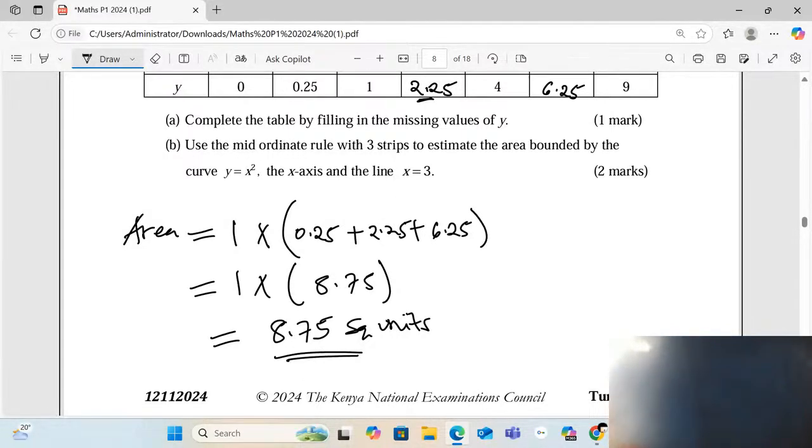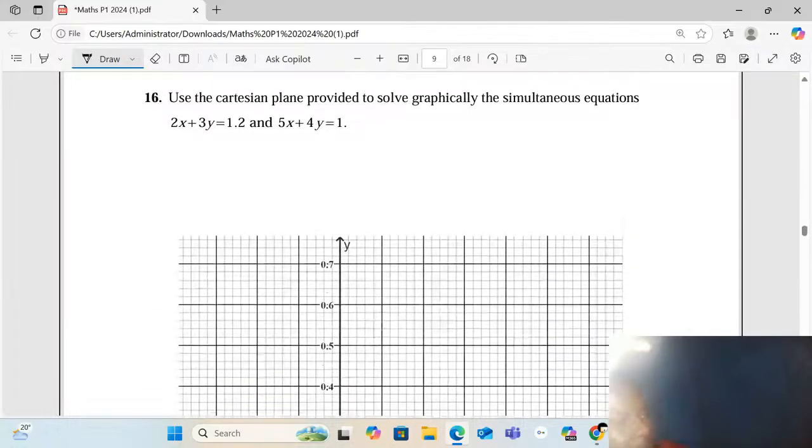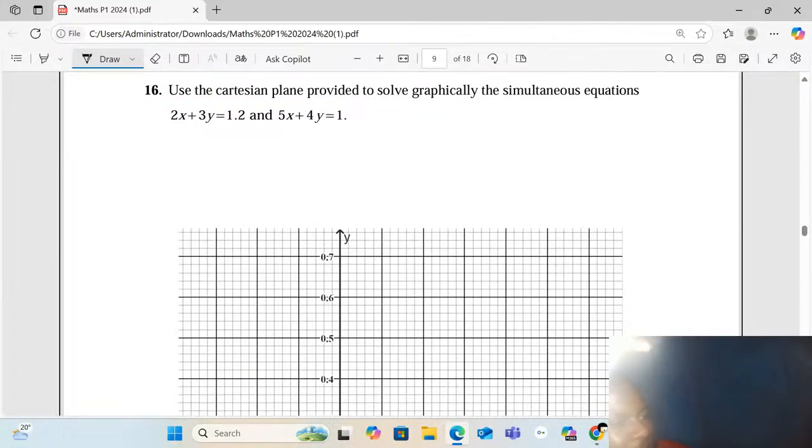Let us move to the very last question on section A, and it is a graph. You are given the Cartesian plane, and you are asked to solve graphically the simultaneous equation given.